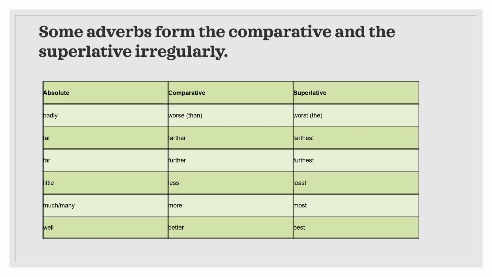Then how much? Again, I was just saying that with that you use more and most. Well, another one, which we're going to talk about in our next lesson with adverbs, is well, better, and best. So when you use a verb, you do something well. So you can say, I did well on my math test.